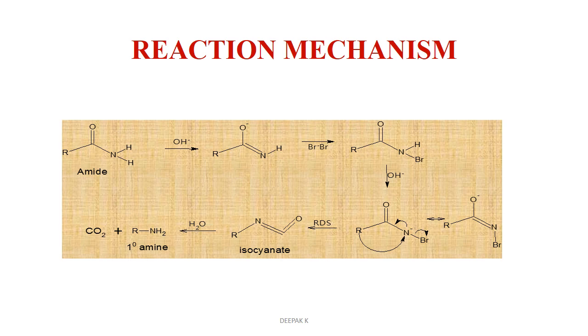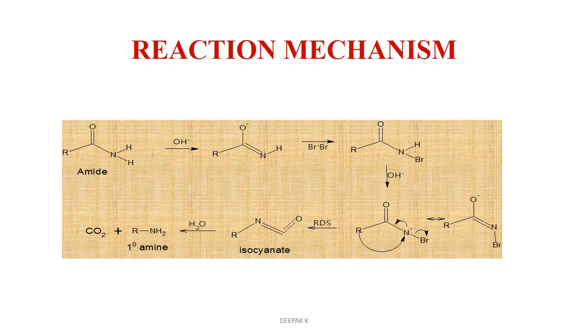So the bromo amide is formed, and then again the base abstracts another proton from the NH amino group, or amide in fact, and NH is converted to N minus with a resonance stabilized structure. And then what is happening?